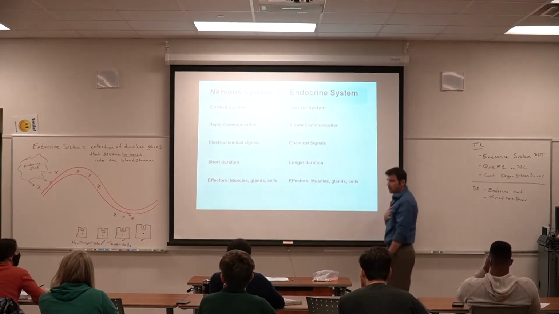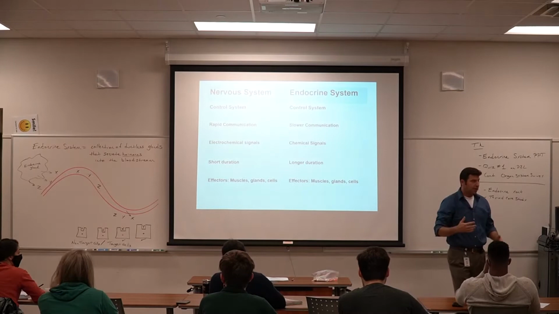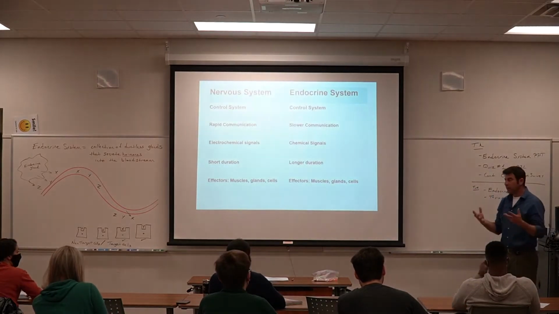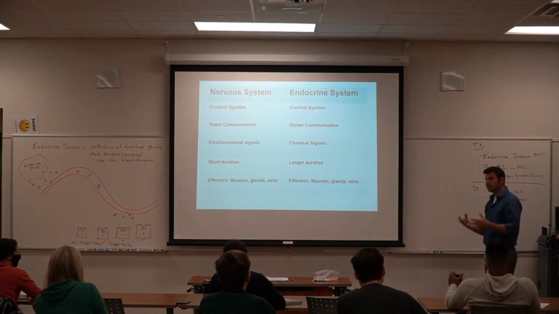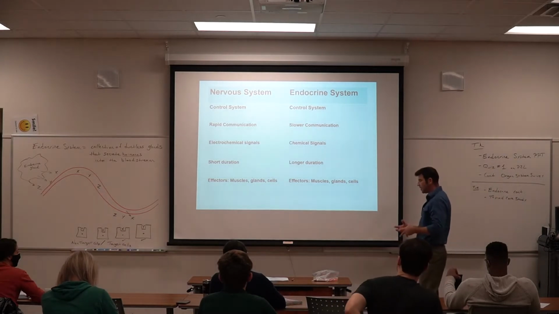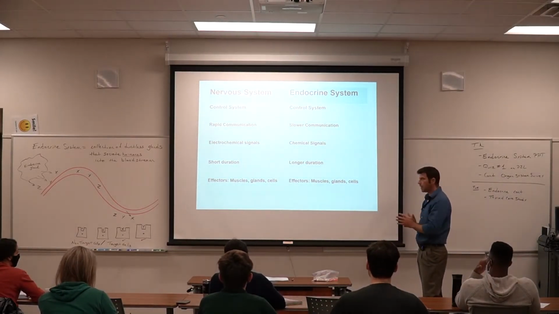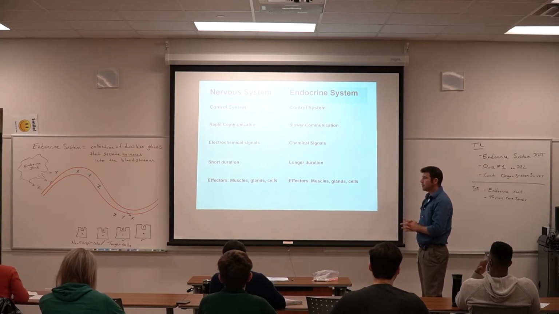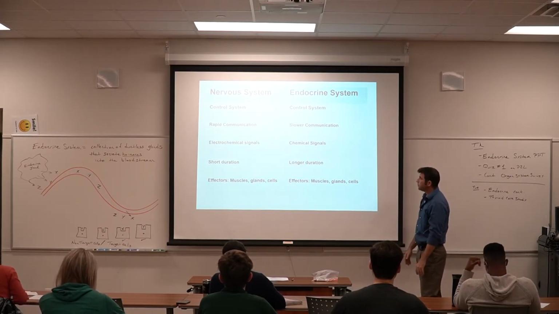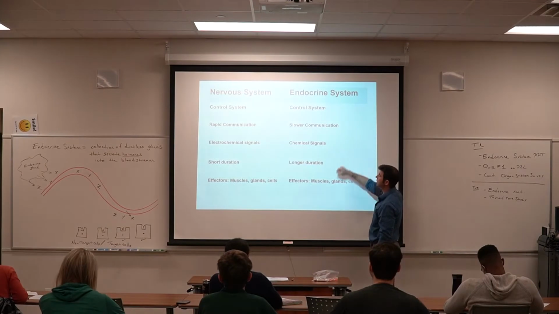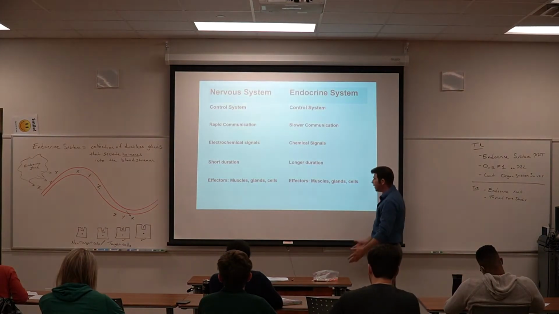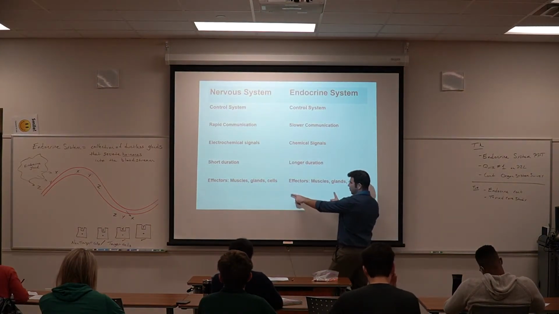Like if I go ingest a big bag of Snickers bars or something after that, it's going to take several minutes for my body to sense that, to start to pump out the insulin and get my blood glucose levels back down. So that can sometimes take a couple of hours. So much slower moving chemical signals, they can have longer lasting effects. They're after the same target organs again, they just control them in different ways.